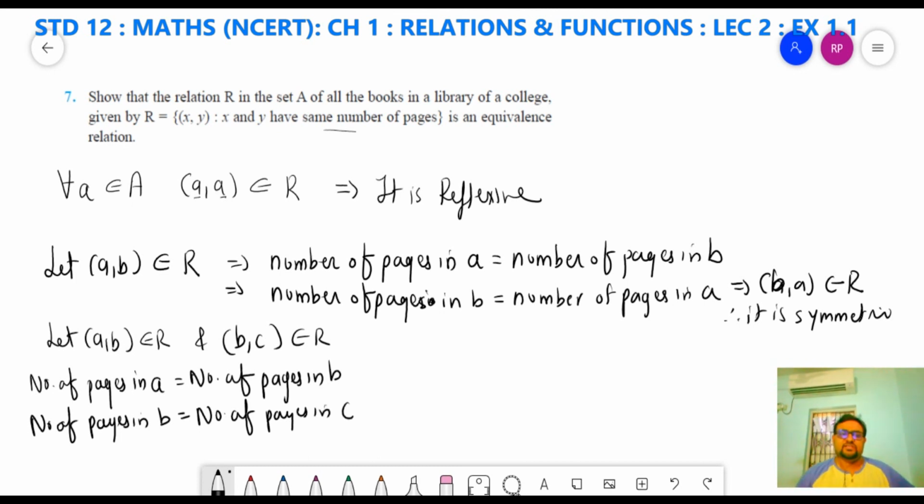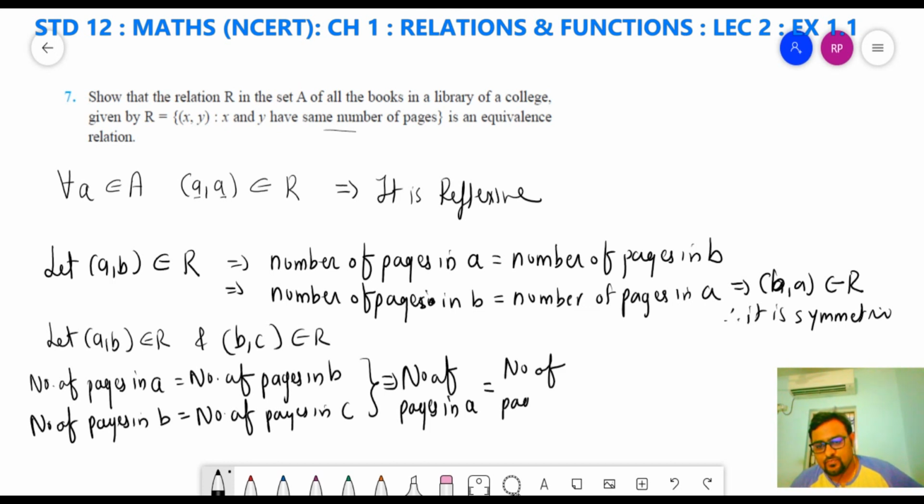Now say number of pages in a equal to number of pages in b, which is equal to number of pages in c. So this implies number of pages in a equal to number of pages in c. So that implies (a, c) belongs to R. That means (a, b) belongs to R, (b, c) belongs to R implies (a, c) belongs to R. Therefore, it is transitive.